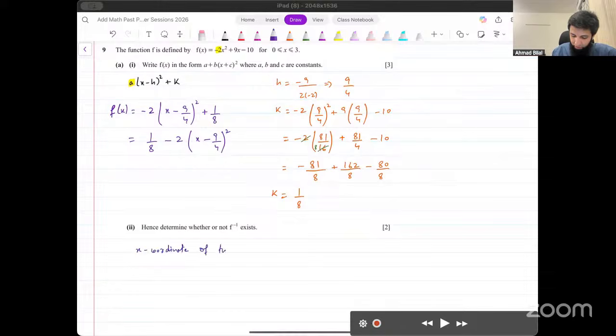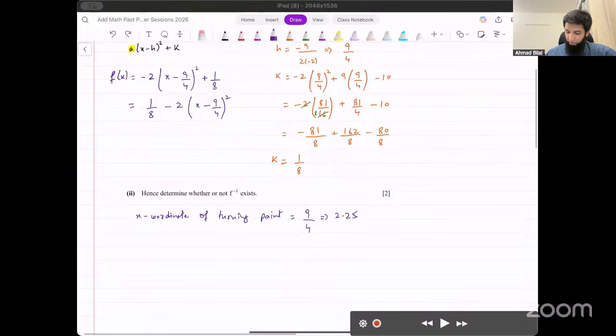That is 9 over 4, which is 2.25, right? What kind of graph is this? It's a quadratic function. It's an N-shaped graph, inverted U. So like this. This is the shape of the graph.